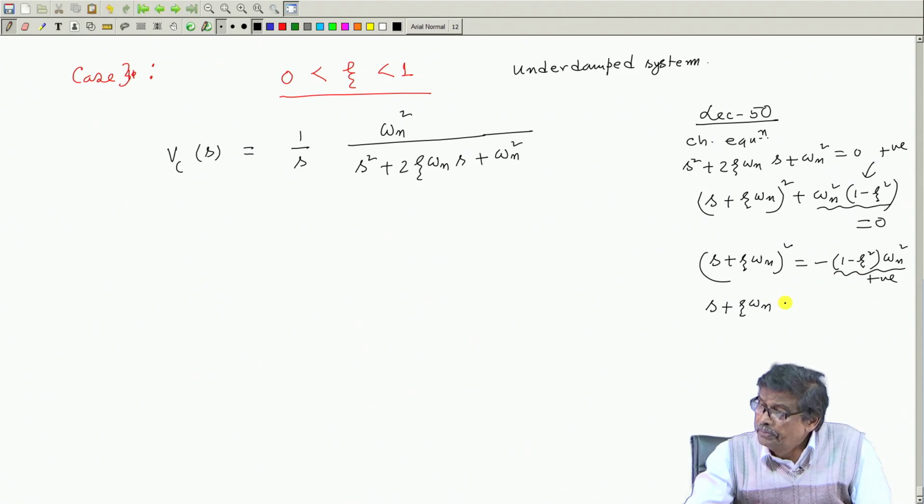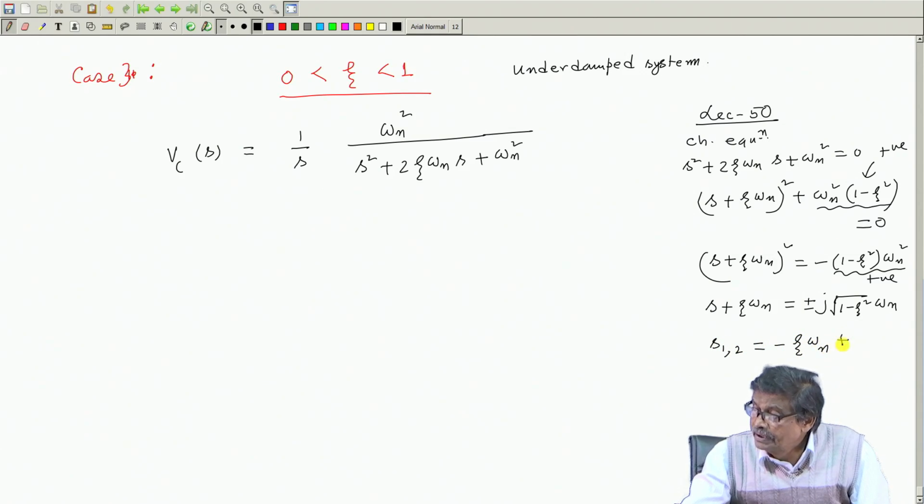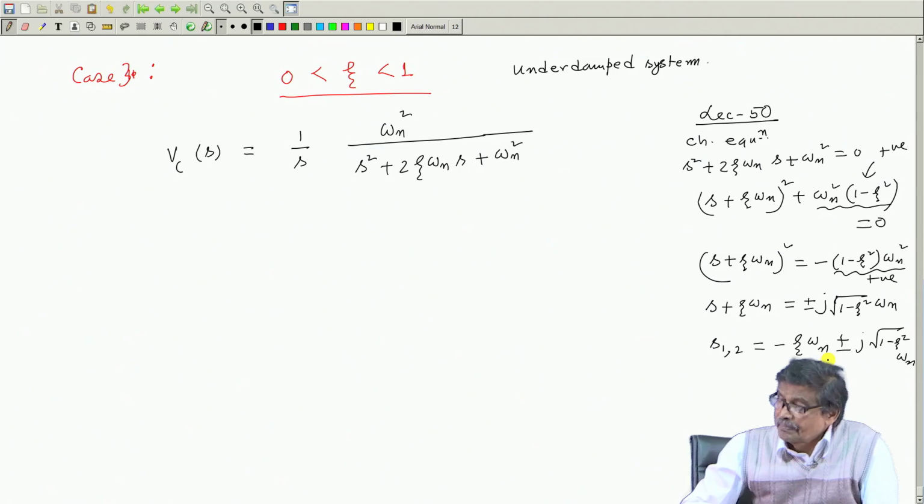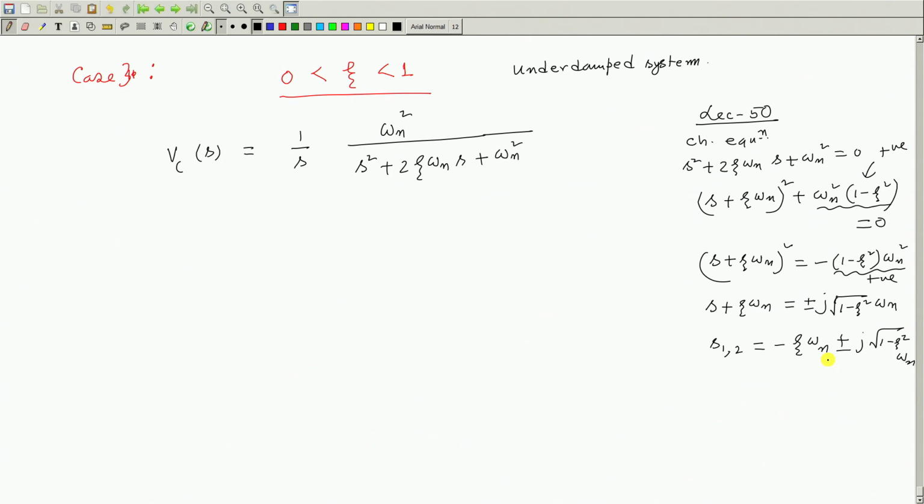So this will be equal to plus minus j root over (1 minus zeta square) into omega_n. So s_1,2 will be equal to minus zeta omega_n plus minus j root over (1 minus zeta square) into omega_n. The roots will be complex conjugate.